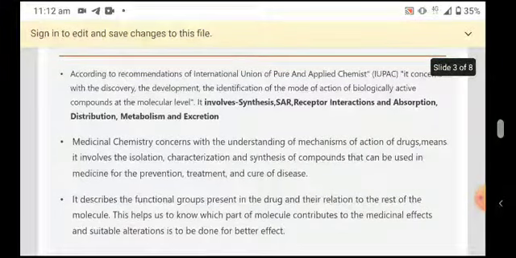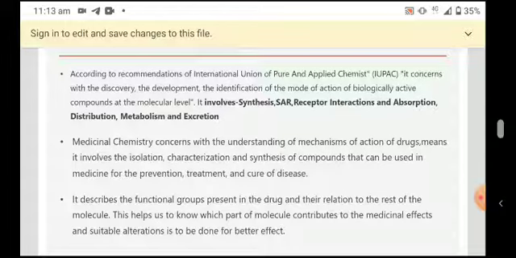After that, according to the IUPAC, International Union of Pure and Applied Chemistry, it is concerned with the discovery, development and identification of the mode of action of biologically active compounds.